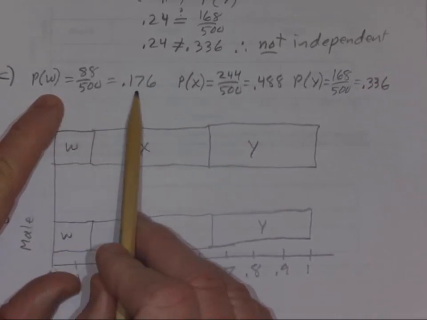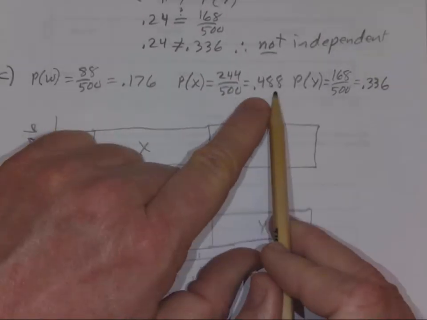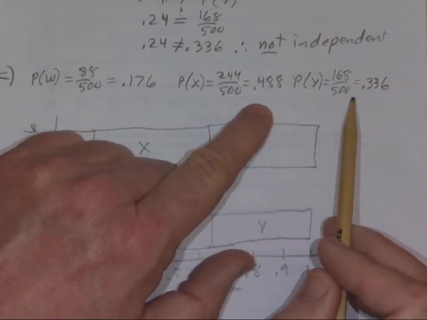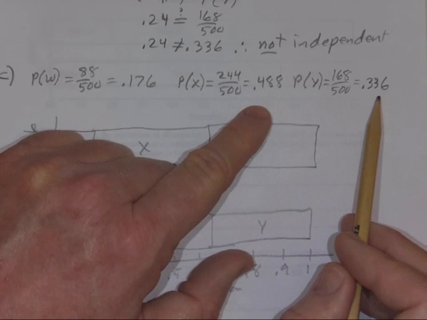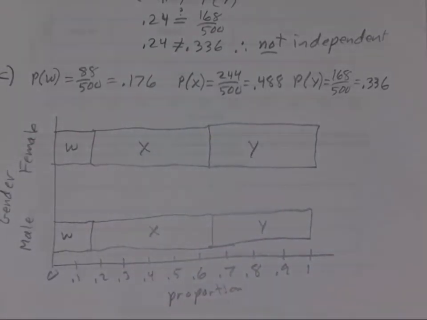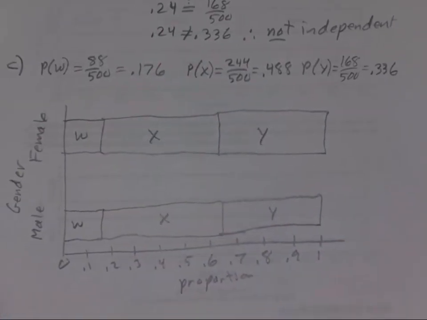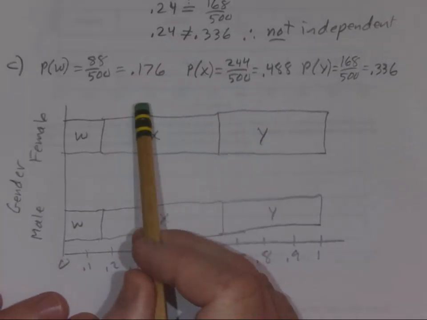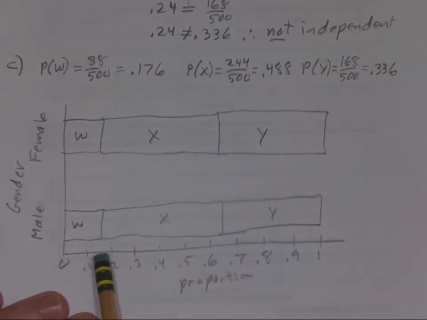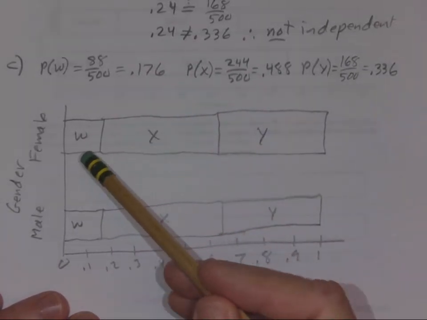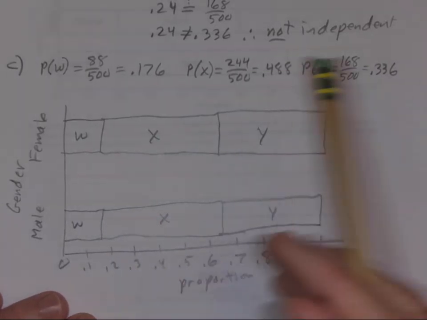So it's going to be 17.6% in W, 48.8% in X, and then 33.6% in Y. And gender is independent. They're independent of each other. In other words, they're going to have the same proportions for each gender. So this bar graph is going to look exactly the same.